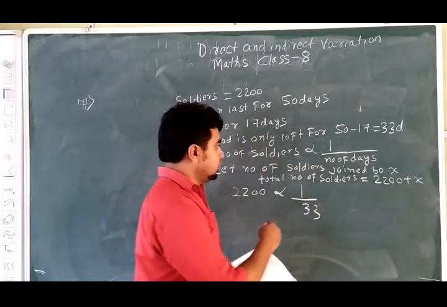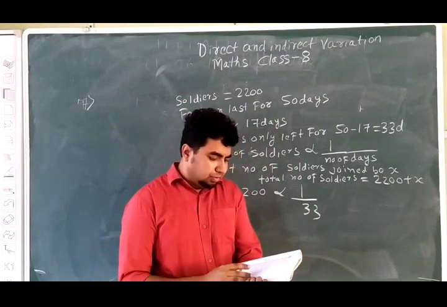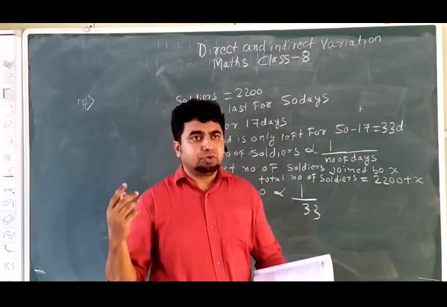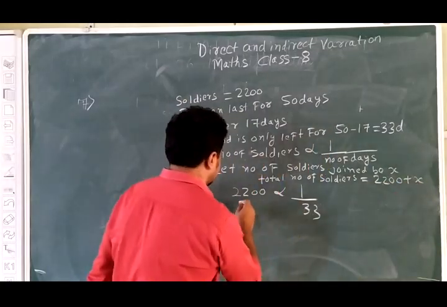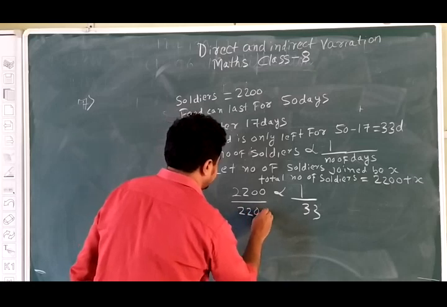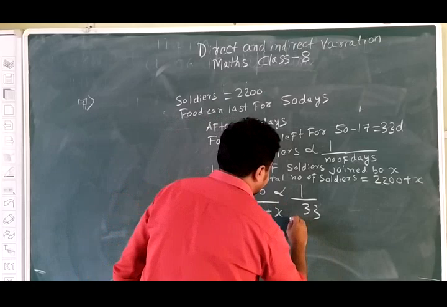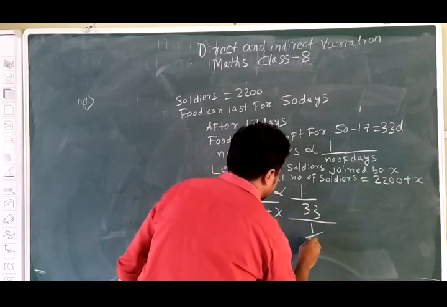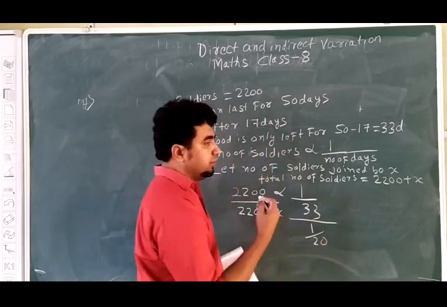Now x number of soldiers joined the army. So what is happening? The remaining food lasted for 20 days. If number of soldiers is 2200 plus x, this is the number of soldiers. Now again we can write inversely proportional, 1 by number of days the food is lasting, which is 20 days.